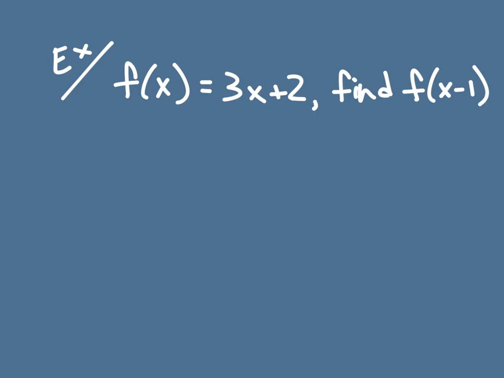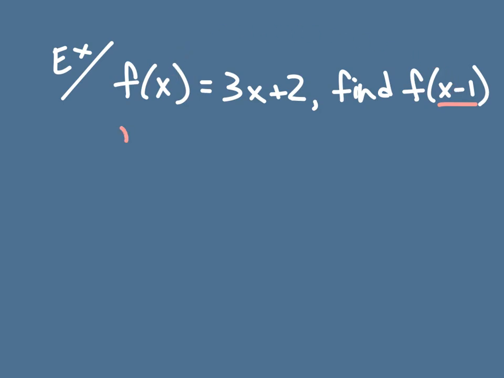Let's say you have the function f of x is equal to 3x plus 2, and it wants you to find f of x minus 1. If I want to do this, I'm going to plug in x minus 1. That's my input. Now that's an algebraic expression. x minus 1 could also be considered a function depending on how you define it. But for right now, I want to plug this into my function.